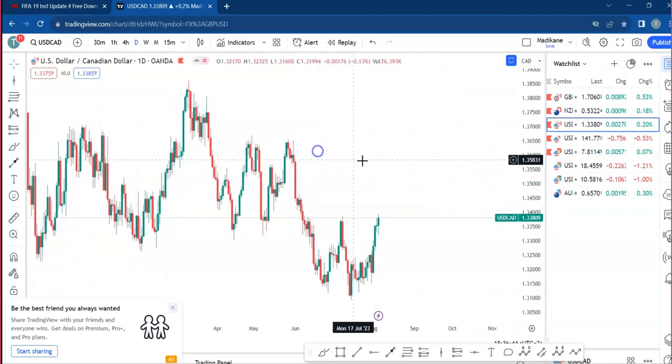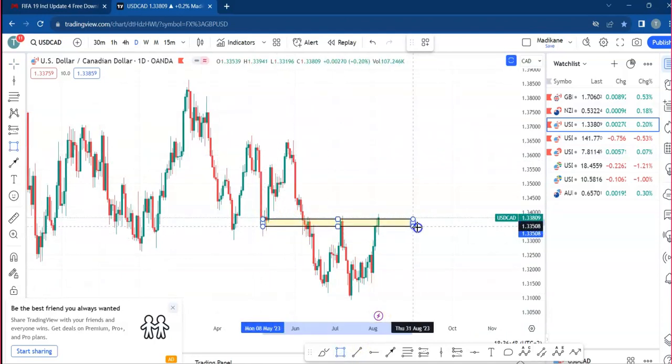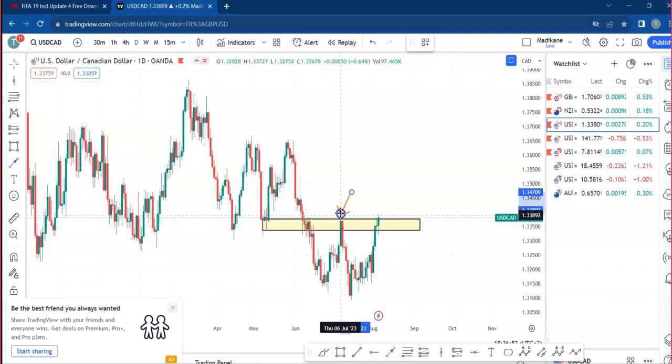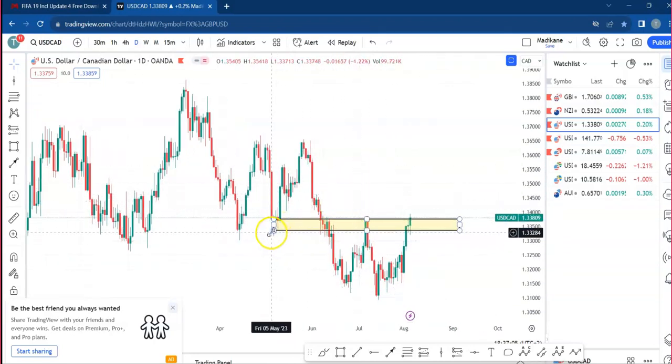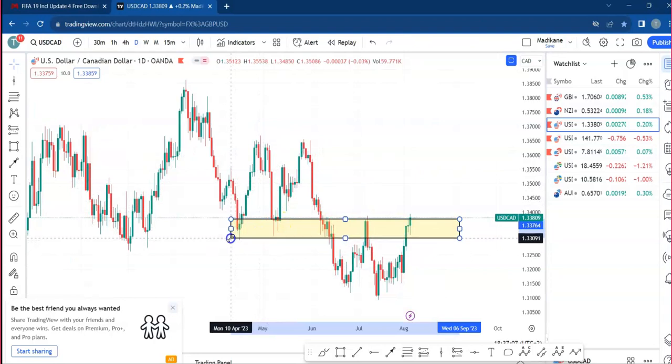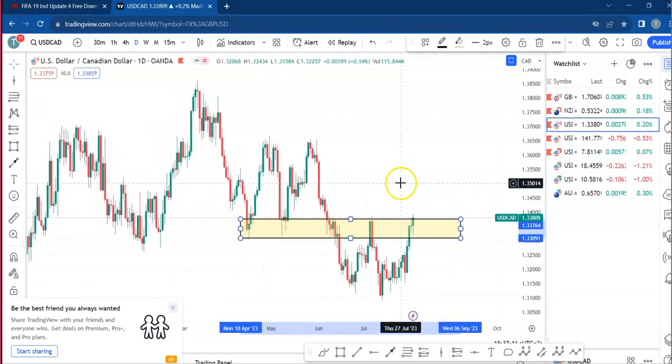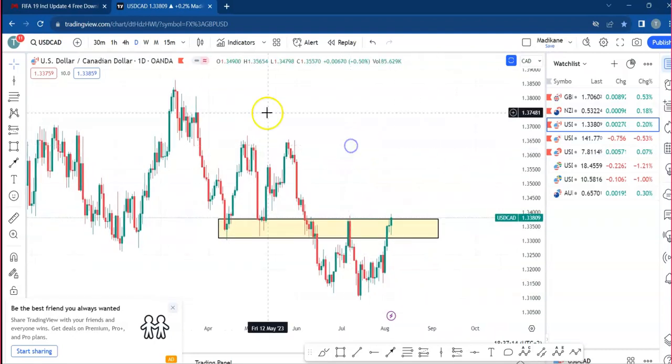You can see on the daily time frame we have this flip zone right here, right? So you could have entered here, but I missed this level here. So now I'm trying to enter here, but I'm not sure whether the market will respect this zone. But this zone has been tested multiple times, so it might be a better zone. So let us see what happens.